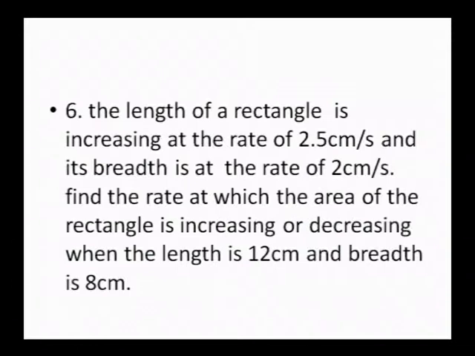So, while writing dB by dt, breadth B, dB by dt is equal to minus 2 centimeter per second. Find the rate at which the area of the rectangle is increasing or decreasing when the length is 12 centimeter and breadth is 8 centimeter.